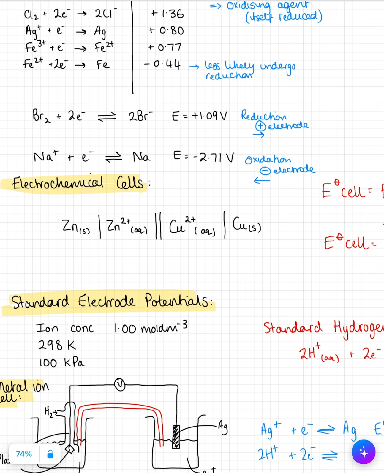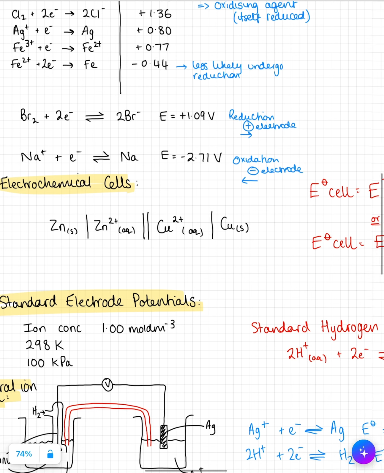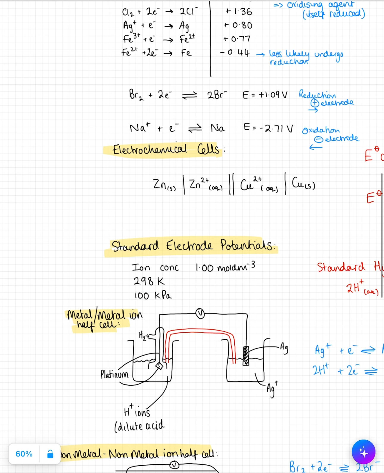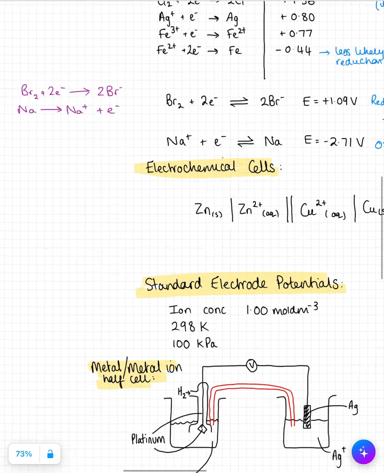Let's combine these reactions to write an overall equation. So what we have is Br2 plus 2e- goes to 2Br-. And then we've got the oxidation reaction. So that is our Na. So we've got to flip the equation around the other way to show that it's now oxidation.